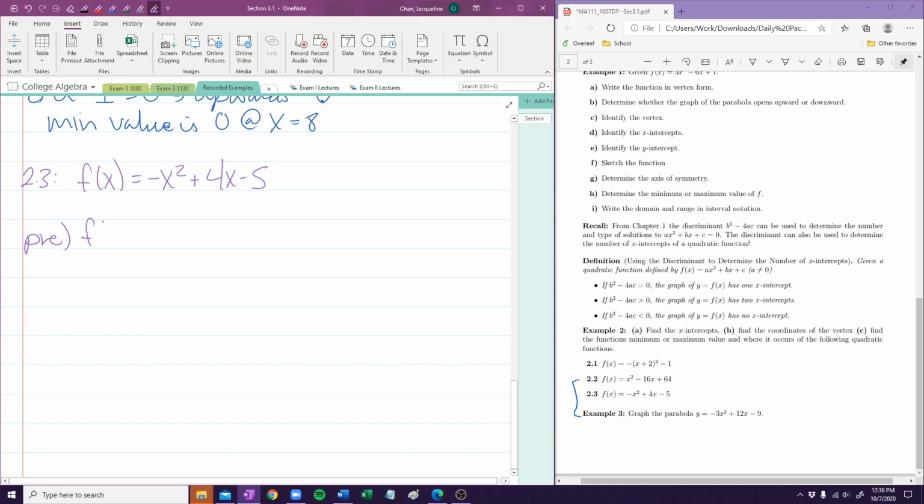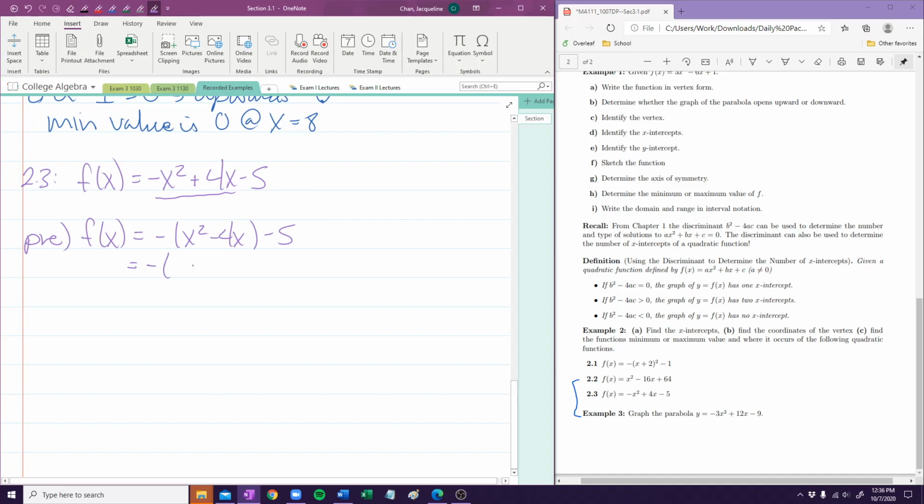Remember we just want to focus on these two terms, and we're going to factor a number out so that our leading coefficient inside the parentheses is 1. So I'm going to factor out a negative 1, and I'm left with x squared minus 4x plus 5. If I distribute this negative 1 back in, I will get the original.